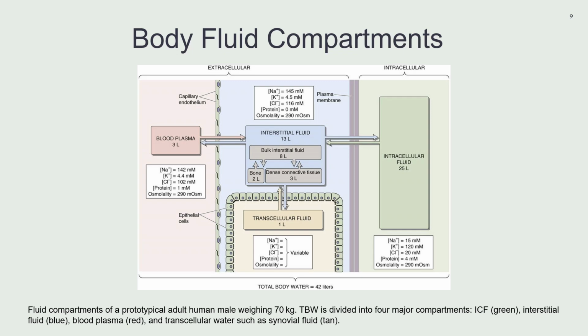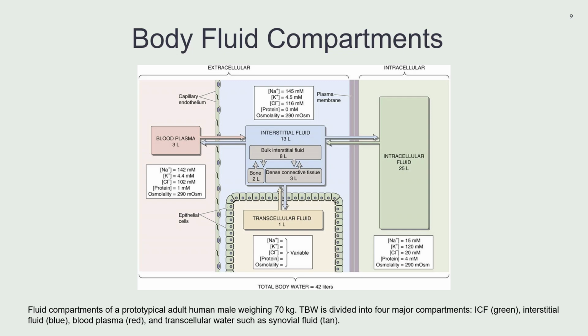Now, I want you to look at another value that we haven't mentioned, and that is osmolality. Osmolality is a measure of the concentration of all the solutes that are present in a solution. We take into account sodium, potassium, phosphate, chloride, urea, alcohol, sugar, everything that is present there. That gives us an idea of the osmolarity.